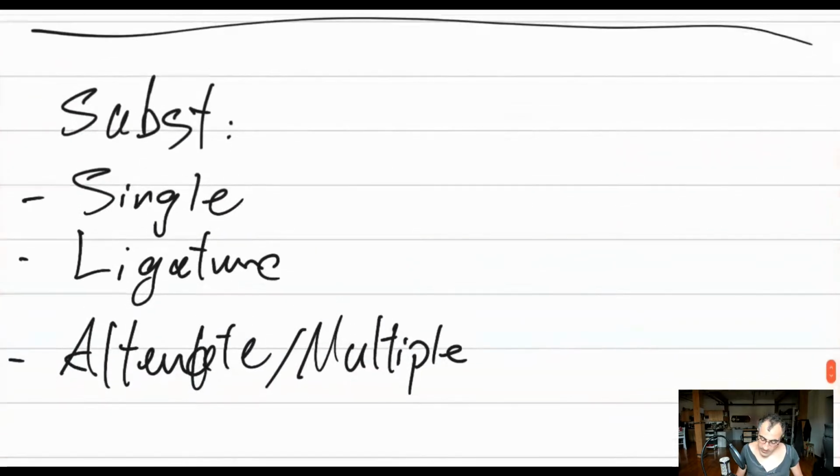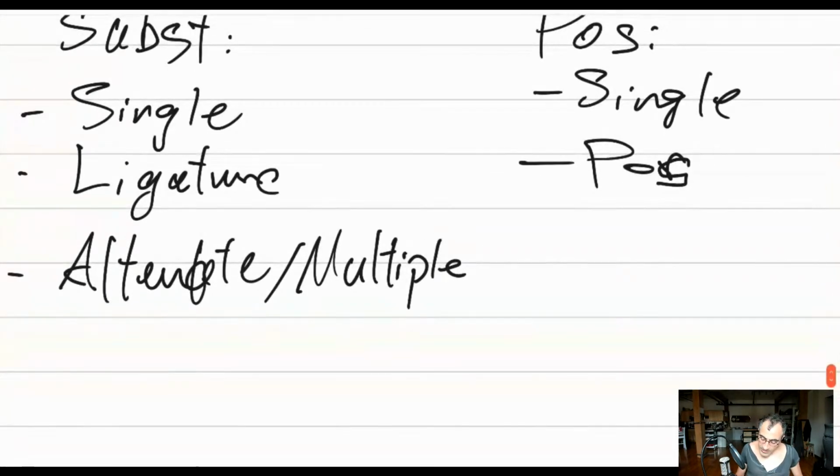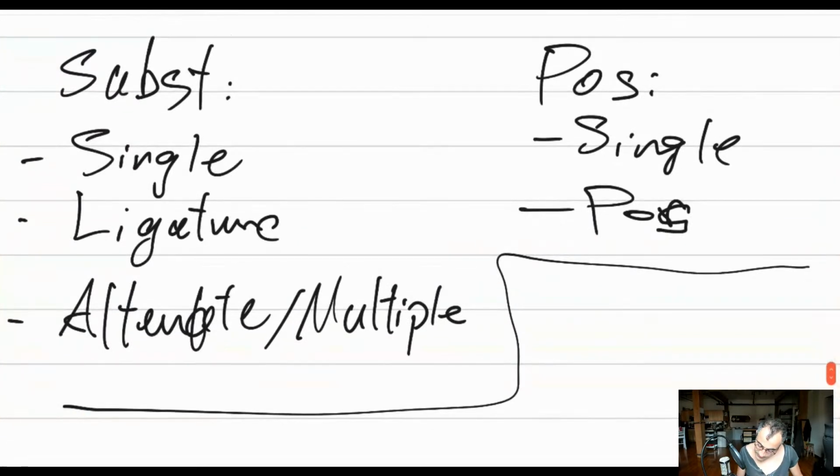And then for positioning, there's again the single positioning, there's the pair positioning, that's where kerning comes in. And that's it. These are the main types that need adjusting. And yes, the mark attachment ones also need a bump to allow enumerating more.